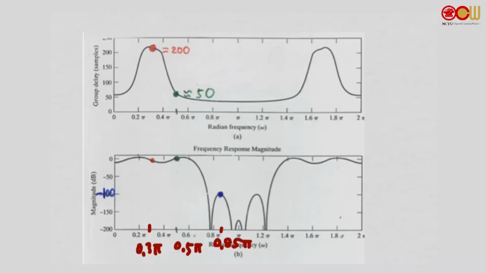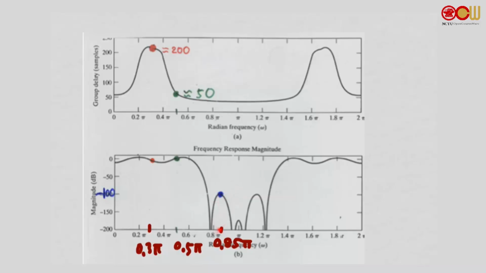So now we have the red, the green, and the blue dot. There are 3 peaks in the Fourier transform of X. Are we still going to have 3 peaks after we pass a sequence through H? Do we? We can see here the peak at this frequency will get so much attenuated because minus 100 dB is a lot of attenuation.